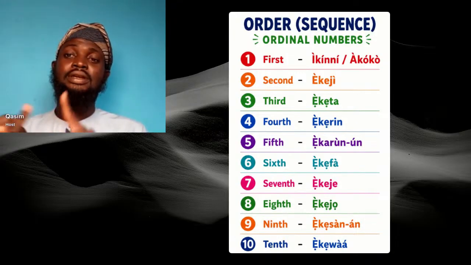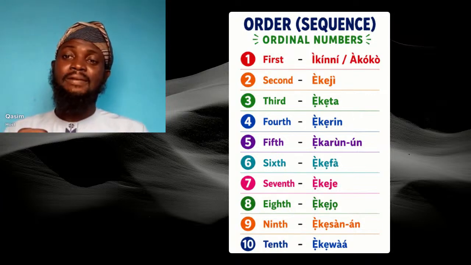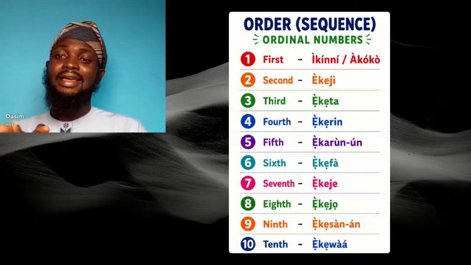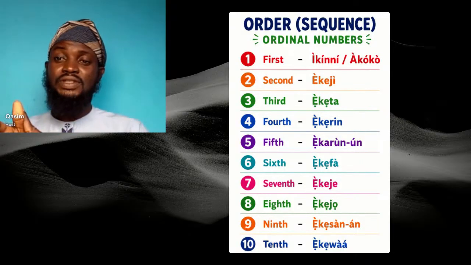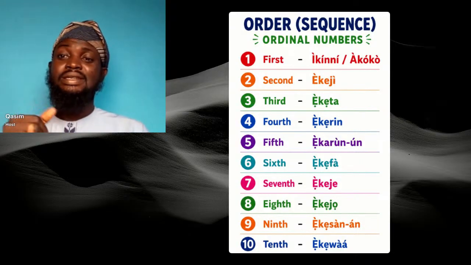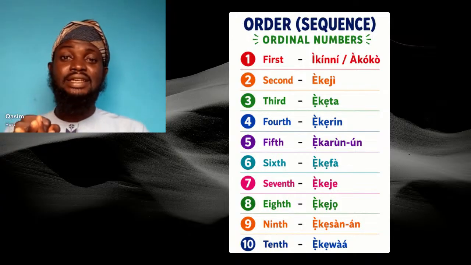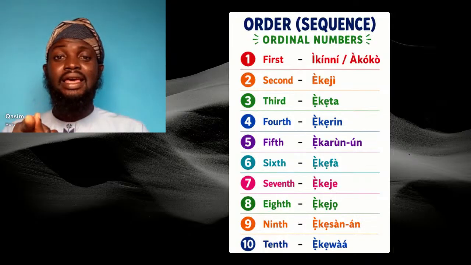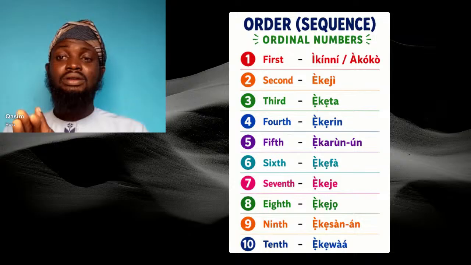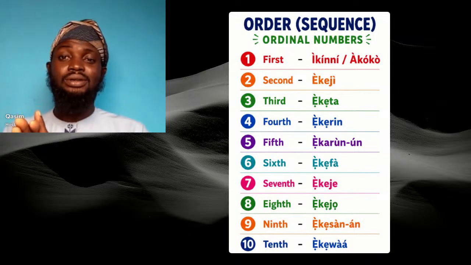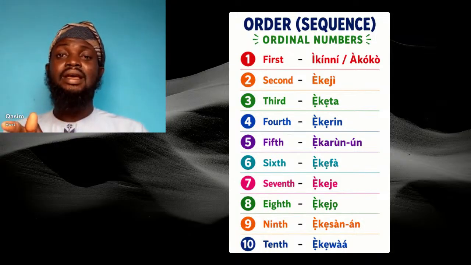So first ìkíní, second èkejì, third ẹ̀kẹta, fourth ẹ̀kẹrin, fifth ẹ̀karùn-ún, sixth ẹ̀kẹfà, seventh èkeje, eighth ẹ̀kẹjọ, ninth ẹ̀kẹsàn, and tenth is ẹ̀kẹwàá.